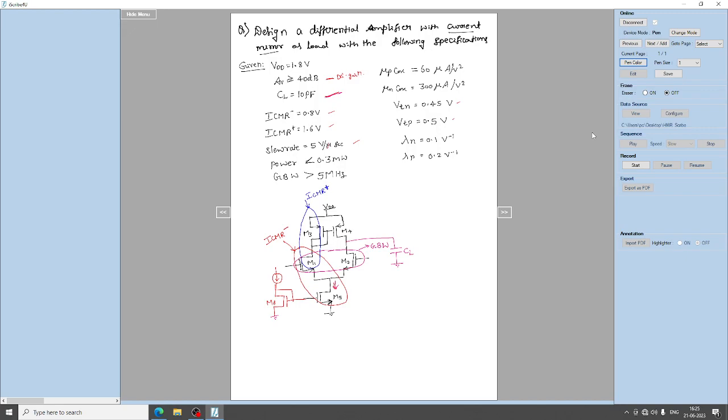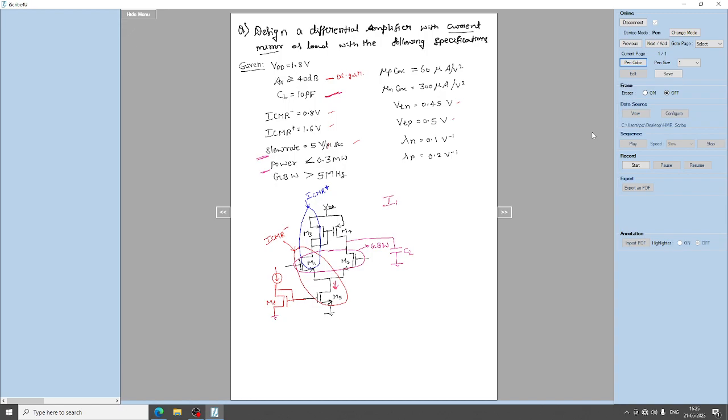The maximum current in this circuit can be found from the given specification of slew rate or power. Before this, how can we find the aspect ratio of any transistor? By the parameter we have, which is the current equation.